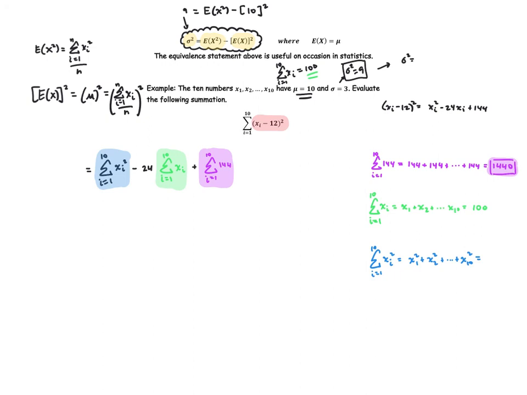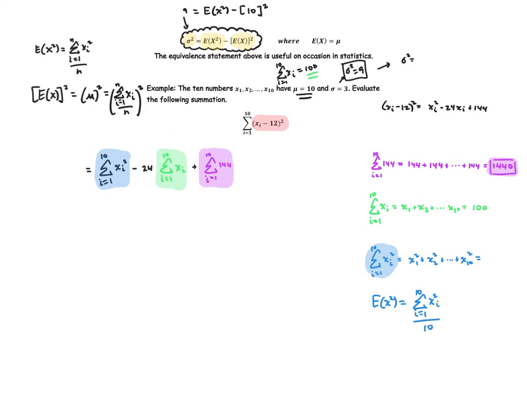So when it comes to solving for this blue term, that blue term is closely related to the expected value of the x squareds. So the expected value of the x squareds is equal to the summation from i equals 1 to 10 of each of these squared values divided by n, or in this case, divided by 10.